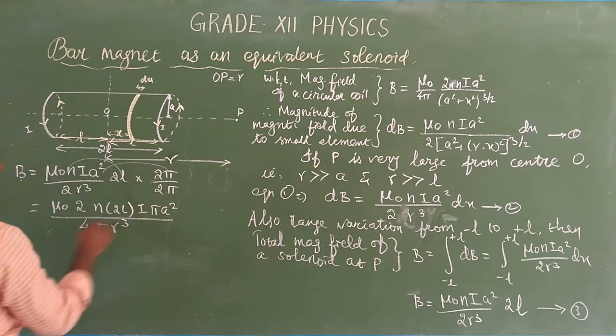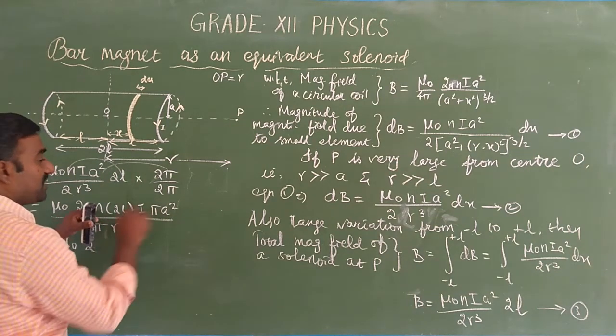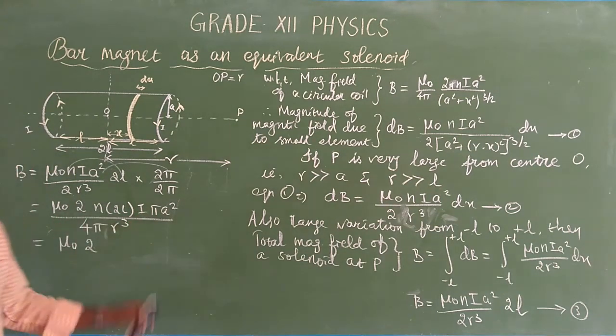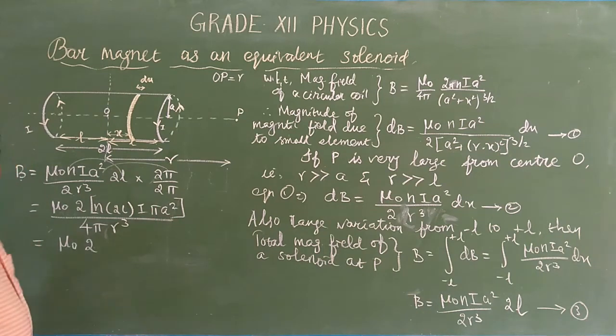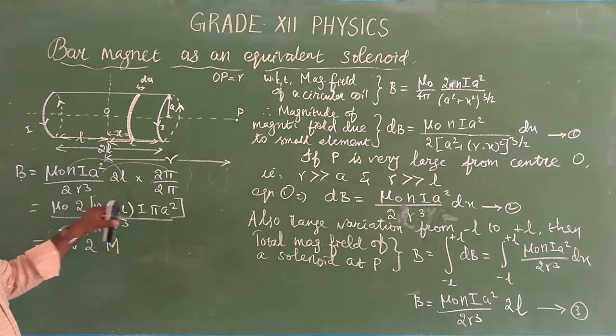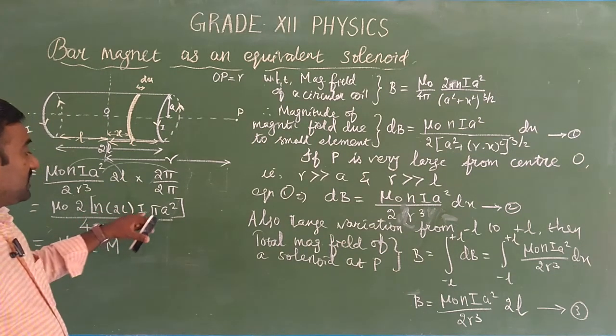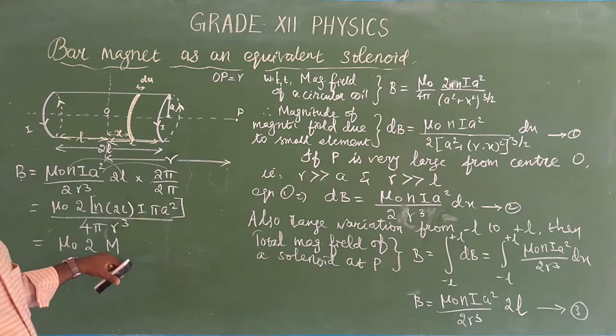So this is equal to mu naught by 2 into n into 2L into I into pi a square. What is this? This is nothing but the magnetic moment of the solenoid. This term indicates the magnetic moment of the solenoid, that is capital M. It is the product of the total number of turns in the length, the strength of the current, and the area of the circular loop.